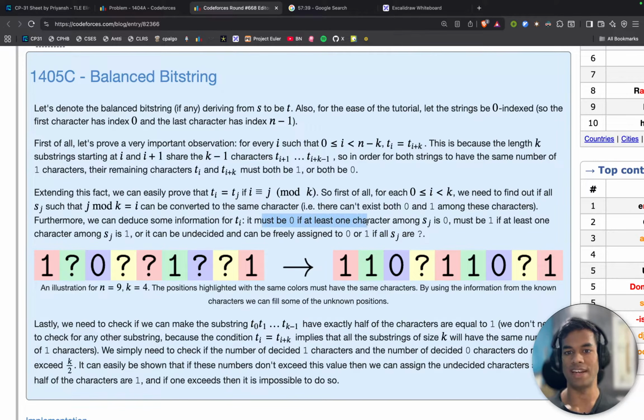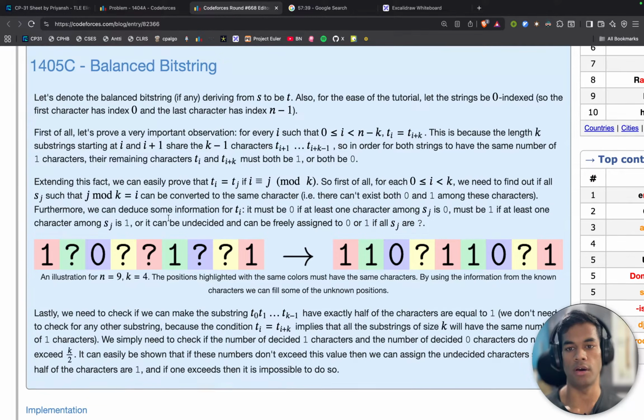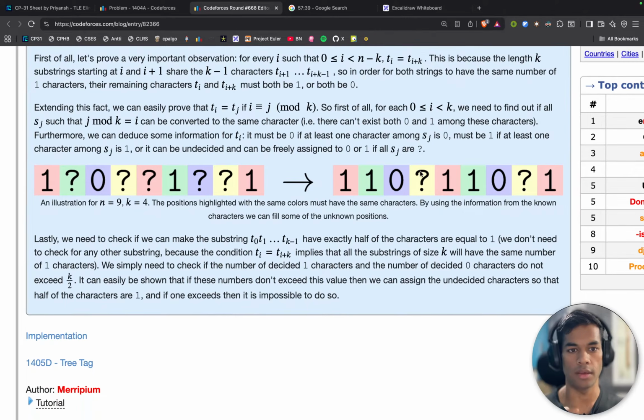It must be 0 if at least one of the characters is 0, and must be 1 if at least one character among the Sj is 1, or it can be undecided and freely assigned 0 or 1 if all Sj are 0. Yes, makes sense. Like this one is a question mark, because this one is free. These two are free, free to be anything they want.